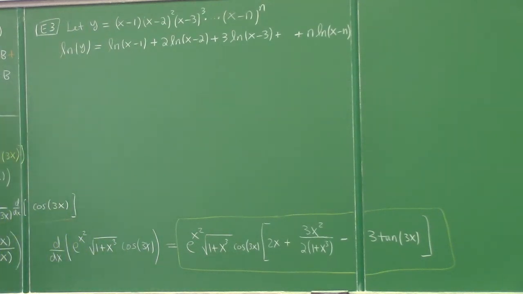So I'm using first of all that the log of a product is the sum of the logs of the factors in the product. And then I'm pulling down the power in each case. Power 2, power 3, all the way to power n.